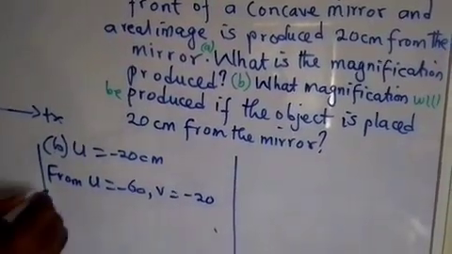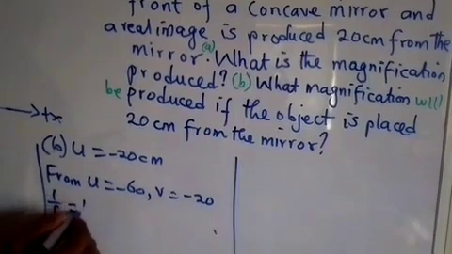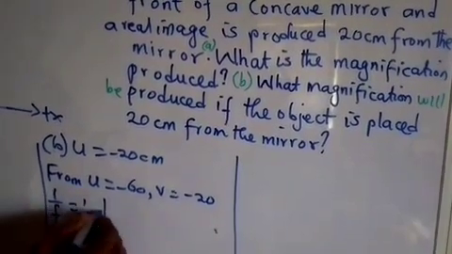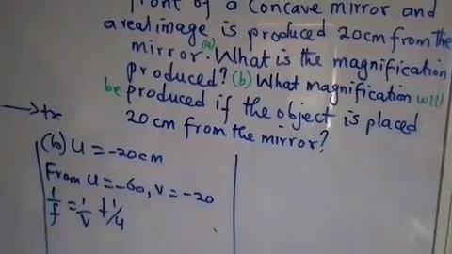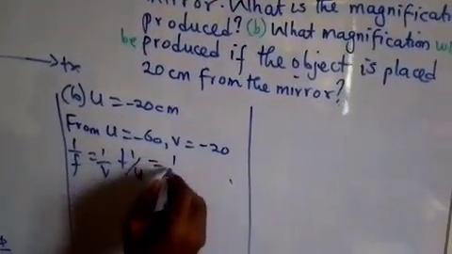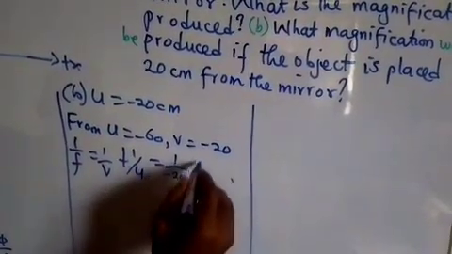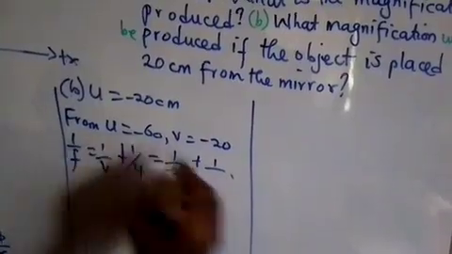Let's find the focal length of the mirror, which is constant. Remember the mirror formula, 1 over F equal to 1 over V plus 1 over U. So if we substitute these values, we'll have 1 over V is minus 20 plus 1 over U is minus 60.